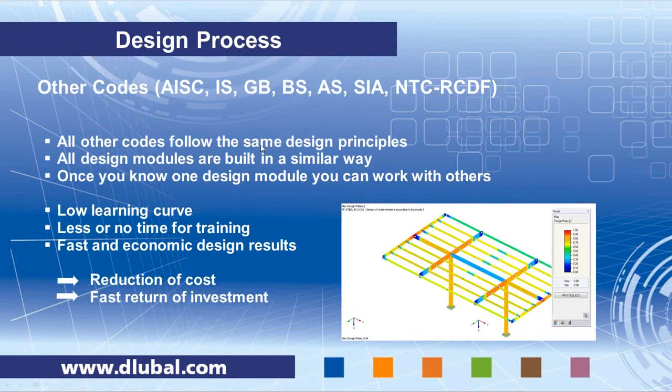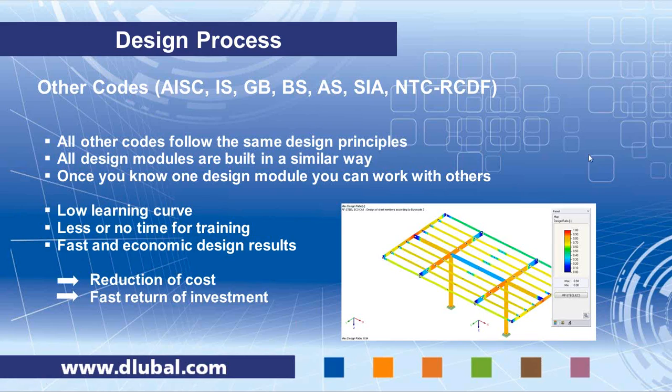Once you have understood how we do the design process in Eurocode, you will be able to apply this knowledge also for AISC, ISGB, which is Chinese code, British standard, Australian code, Swiss code, and Mexican design codes. Everything follows the same red line, everything follows the same design principles, and once you know one module, you most likely can work with the other modules because everything is tailored the same way.